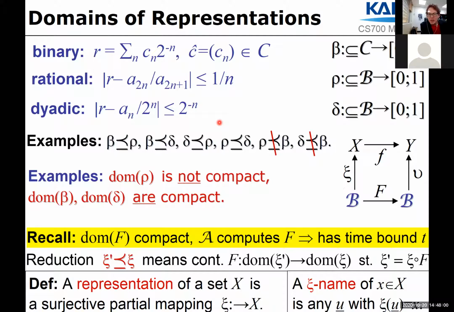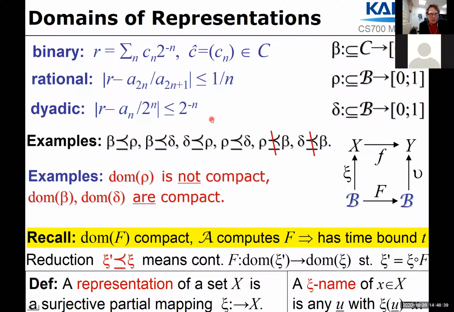subset of Baire space, the set of all sequences that have values between 0 and 2 to the n, the nth element. That's the finitely branching part. And that satisfy this Cauchy condition, namely that the distance between the nth and mth sequence element, a_n divided by 2 to the n, must differ from a_m divided by 2 to the m by at most 2 to the minus n plus 2 to the minus m.